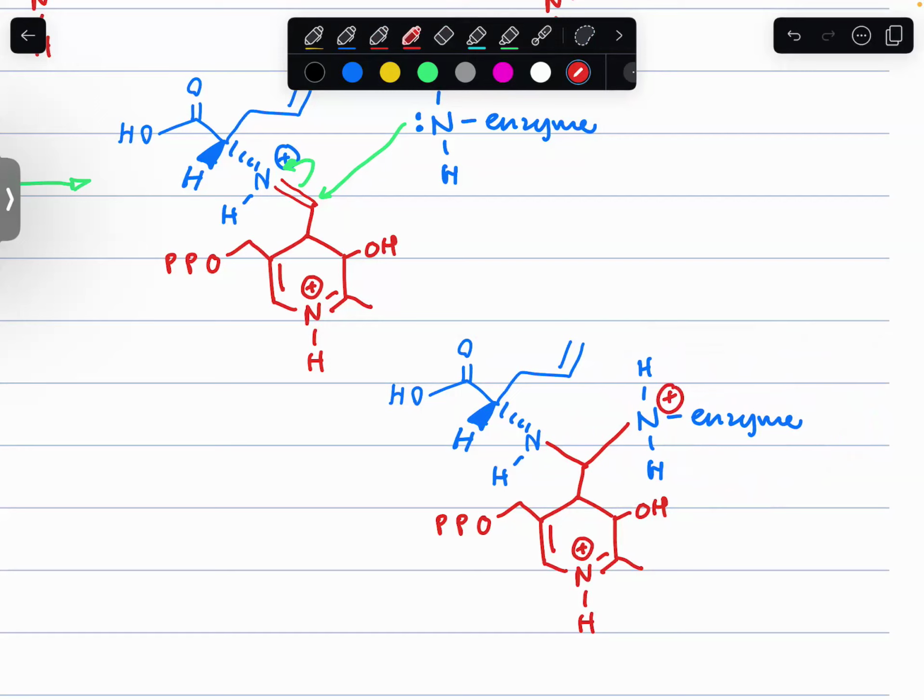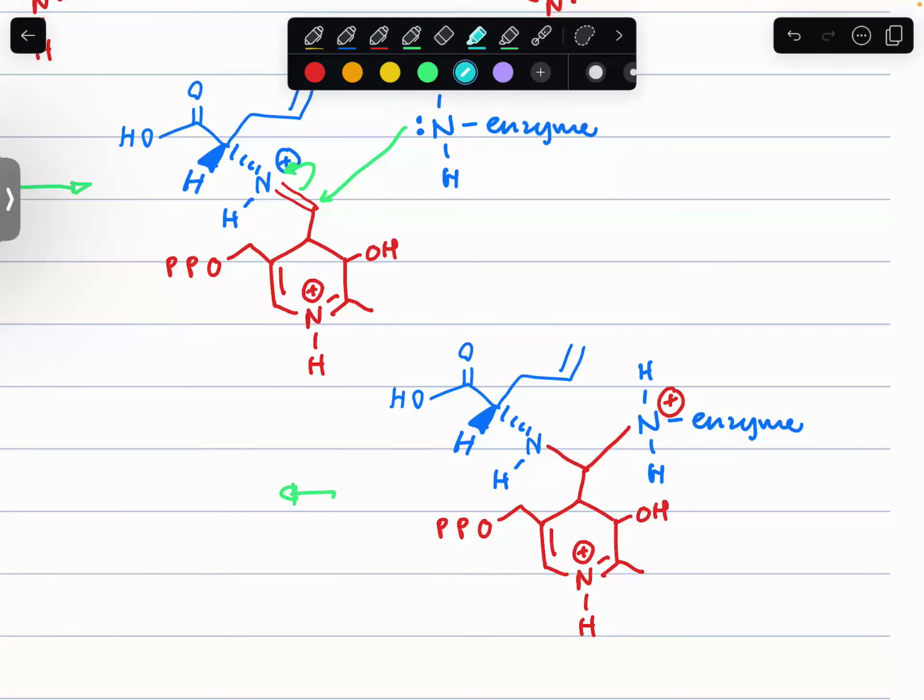So now we are going to do a tautomerization where we're going to take this proton and put it on this nitrogen.